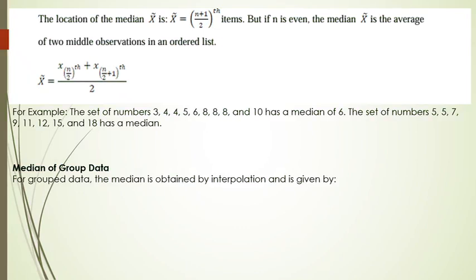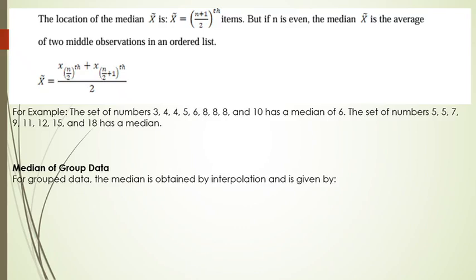The location of median, you can see the symbol for median. The location of median x is x, then we have something at the top, equal to n plus 1 over 2 items. But if n is even, the median is the average of two middle observations in an ordered list.